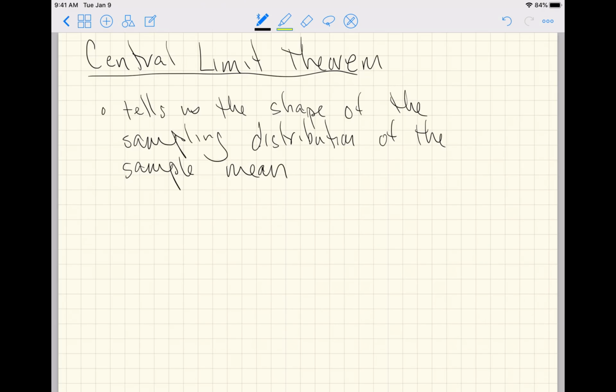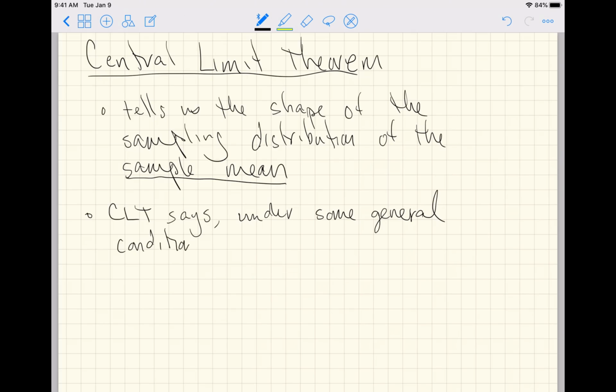The Central Limit Theorem tells us specifically the shape of the sampling distribution for the sample mean. And specifically, we always call it the CLT, it says under some general conditions, which are very easily met, and I'm even just going to skip them now. But you should recognize that there are some conditions on that. We will talk about them later in this class.